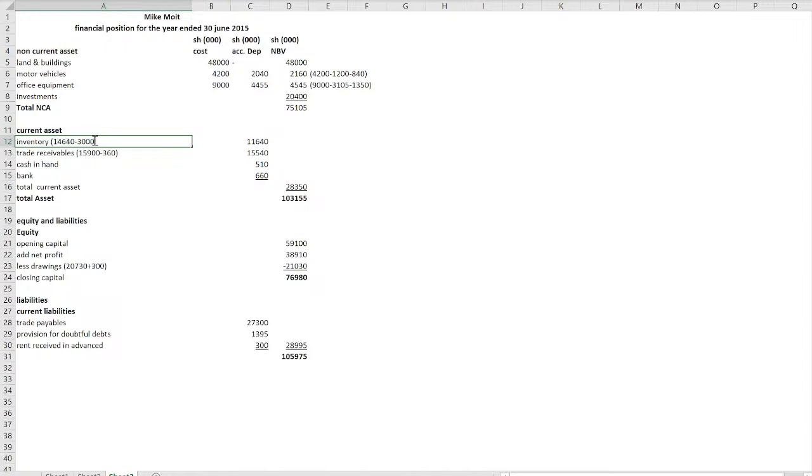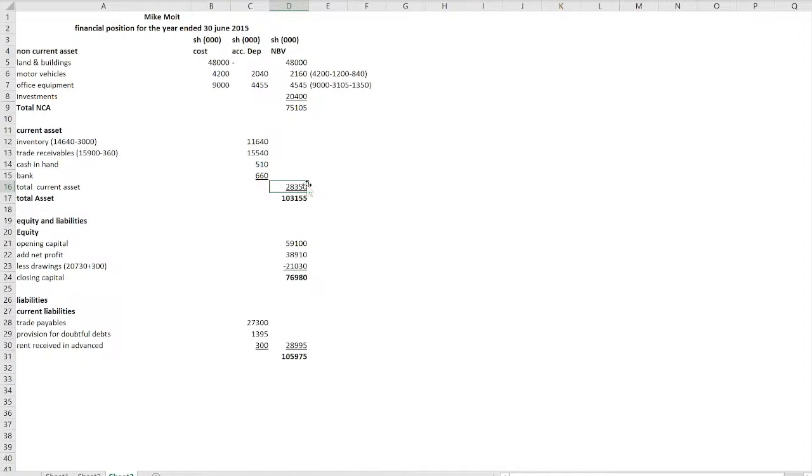So trade receivable is 15,900. You less the discount allowed of 360 to get 15,540. Then you also have cash in hand. These are given. Just copy them, 510, and cash in bank to be 660. So that our total current asset is 28,350.